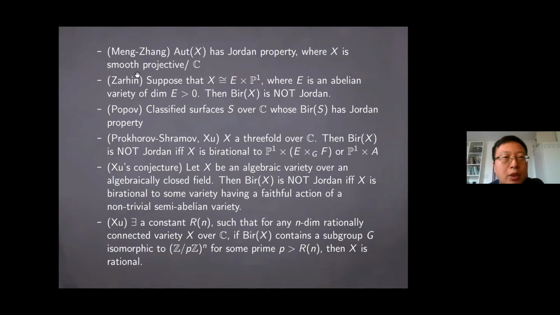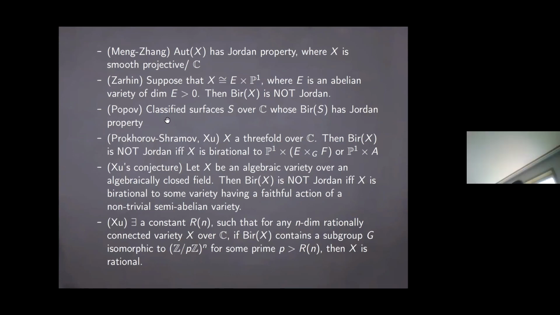Let me introduce some known results we have so far over the field of complex numbers. First, Chen and Deqi Zhang proved that over the complex numbers, the automorphism group of a smooth projective variety has the Jordan property. And Zarhin actually constructed examples: if X is an abelian variety times P1, and this abelian variety has dimension greater than 0, then the birational automorphism group of X is not Jordan.